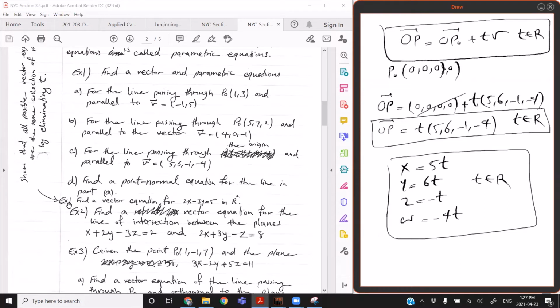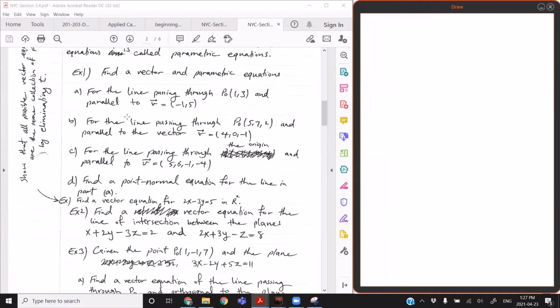So part D of this example asks us to find a point-normal equation for the line in part A. So we have a line that passes through the point P0 (1, 3) and is parallel to the vector (-1, 5).